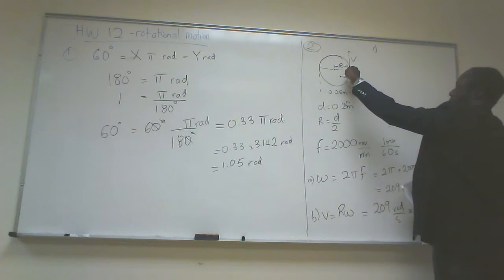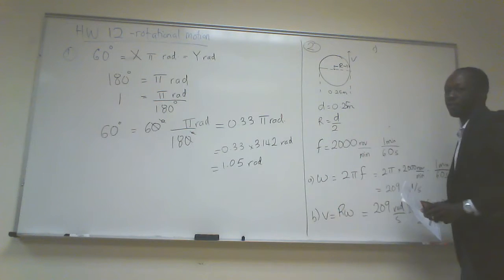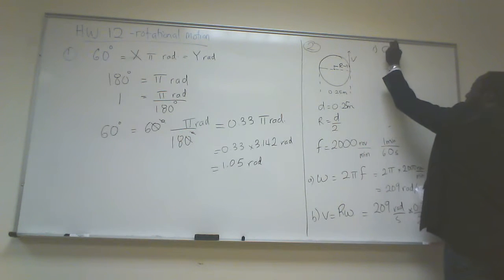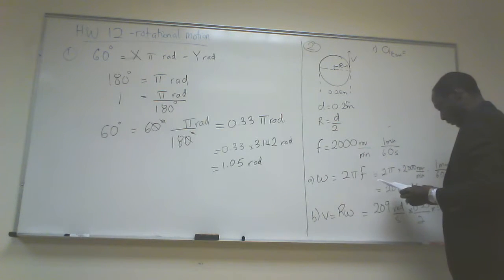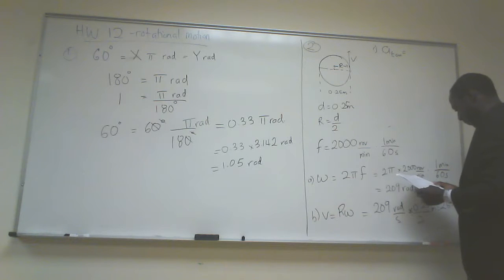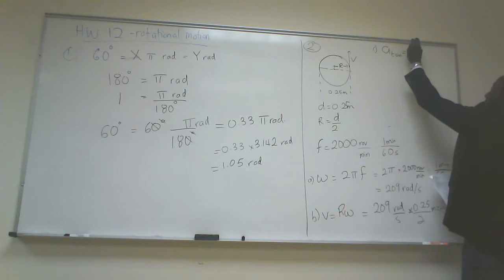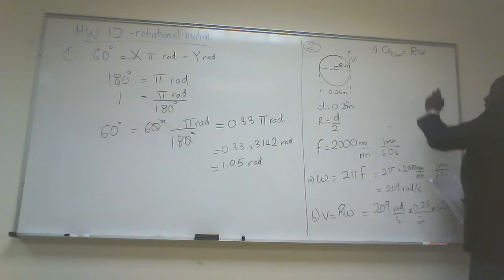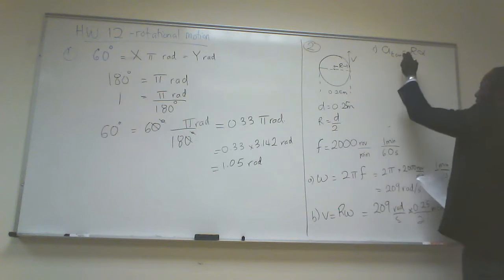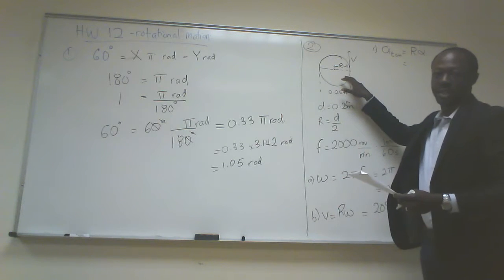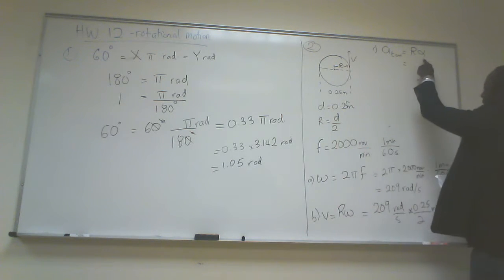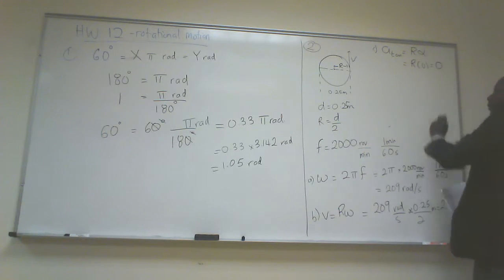For this rotating wheel, every point will have a tangential acceleration, which is equal to the radius times the angular acceleration. In this particular case, the wheel is rotating at a constant omega, so the angular acceleration is equal to 0. So the tangential acceleration will be r times 0, which will be equal to 0.